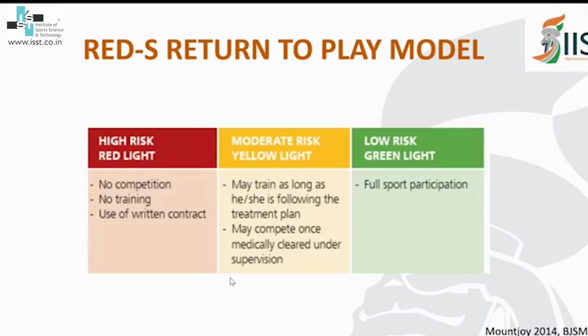And if an athlete is in a green light system, no problem, the athlete can go into full sport participation. So I think it's a really interesting way to come up maybe with your own yellow light, red light or green light systems, because we have to be mindful that all of these may not be directly relevant to the population you're working with, or if we have any specific signs that we've noticed in Indian athletes, we can always be a little more creative and make sure that in our system we include this in the red light, or we include this in the yellow light.